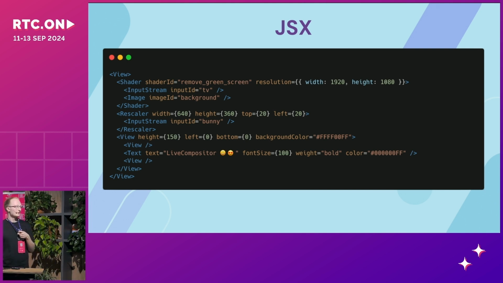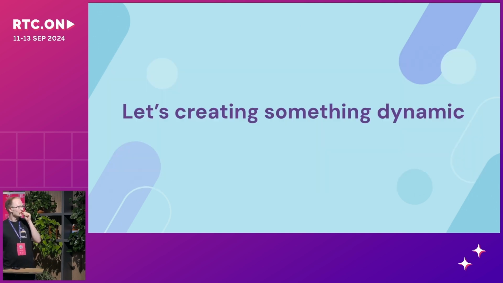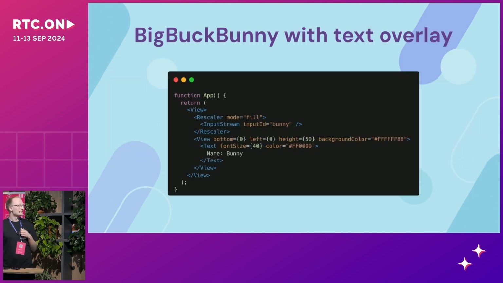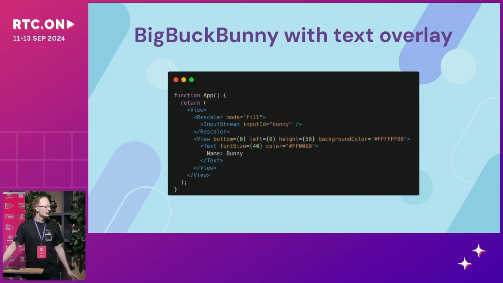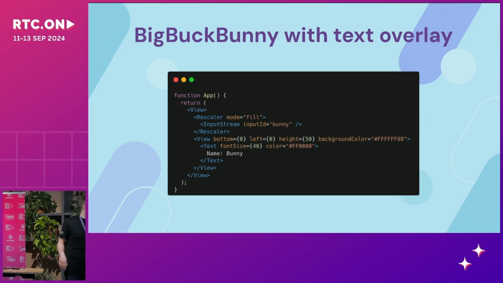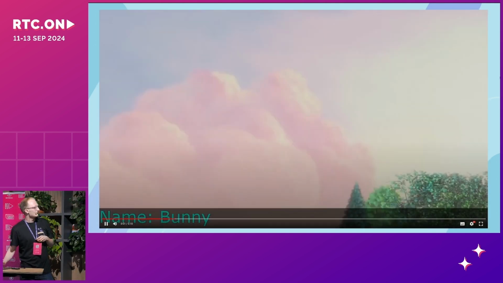But it doesn't solve a problem of dynamic components. So let's create one. We start simple with just Big Buck Bunny with some overlay text. Here, we have our view component, rescaled input, and some view on the bottom with some text displayed there. So we get something like this.